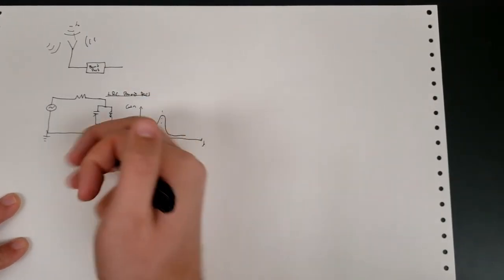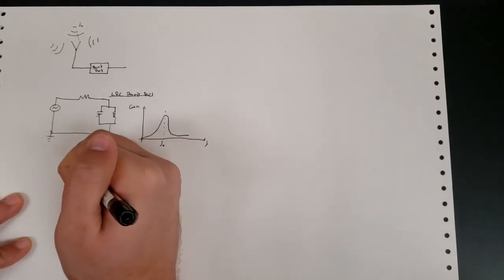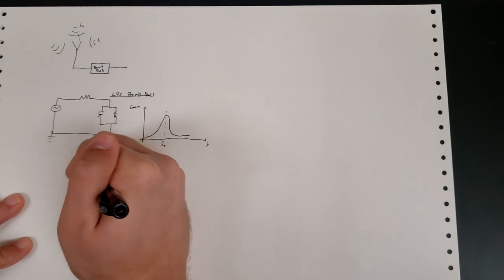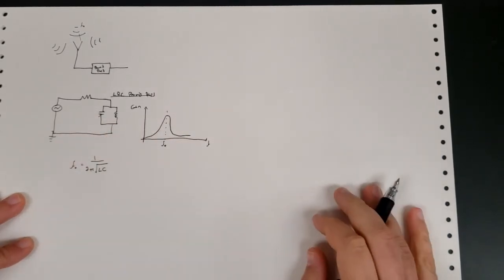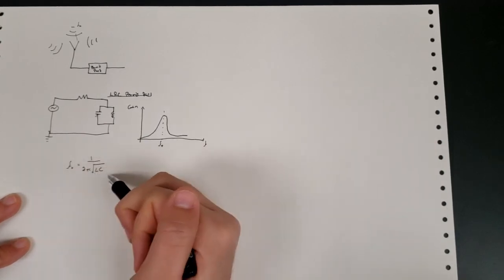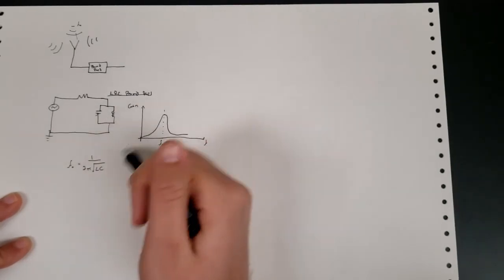Okay, and the relationship, if you remember, between this resonance frequency for an LRC circuit and the inductance and capacitance is just f naught equals 1 over 2 pi square root of LC. So we can use this equation and the fact that we know what the incoming frequency is to tune our circuit.